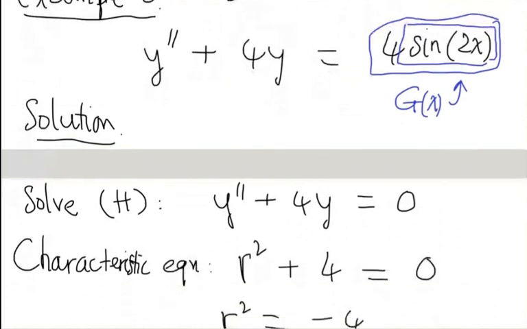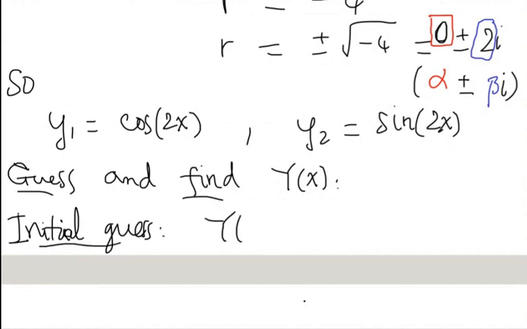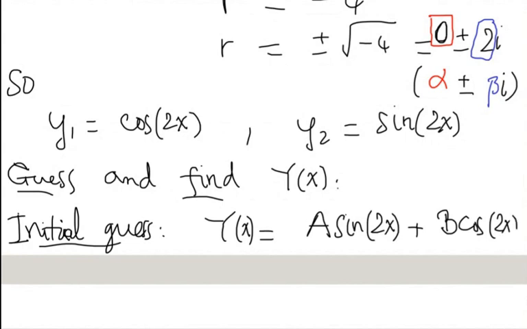So our guess, when we have trigonometric function sine of 2x, our initial guess would be a times sine of 2x. But remember, once we have sine, we should have the companion cosine of 2x as well.